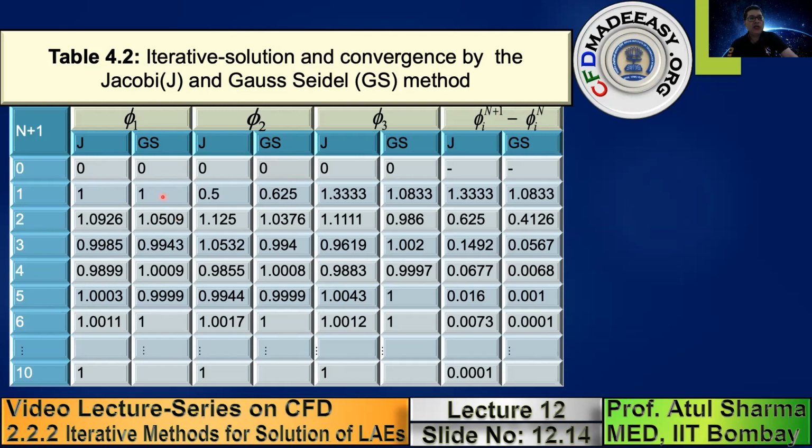You can see that they reach the exact solution and converge in 6 iterations, whereas the Jacobi iteration takes 10 iterations.